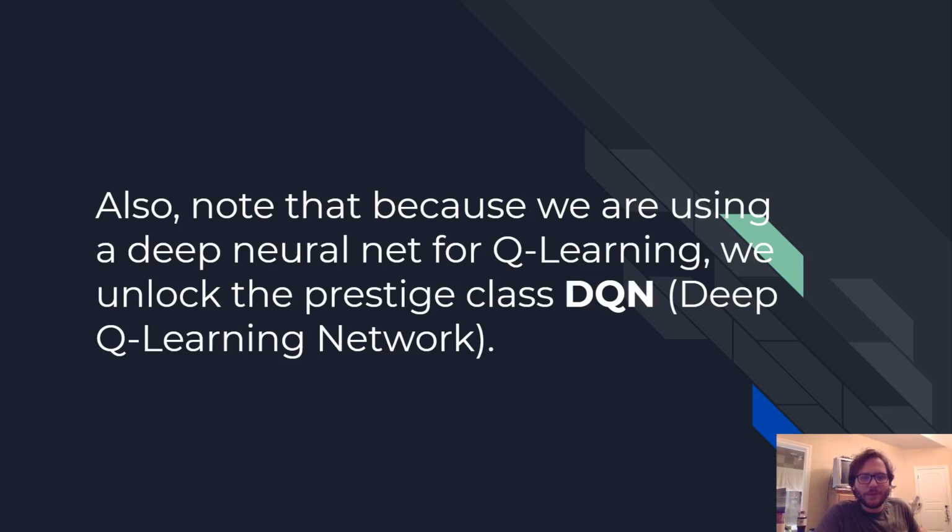Of note also, we've been calling this Q-learning. If we use a neural net to do it, we can now call it a DQN, a Deep Q-learning network. And that's nice, because everyone wants to unlock prestige classes when you're playing RPGs. And life's an RPG. And we get to unlock the DQN.